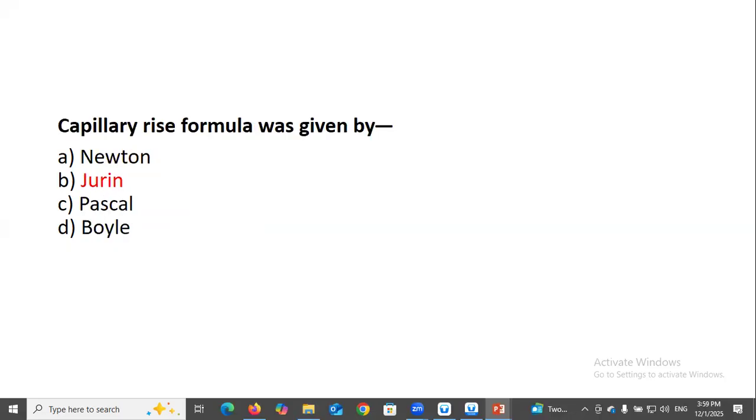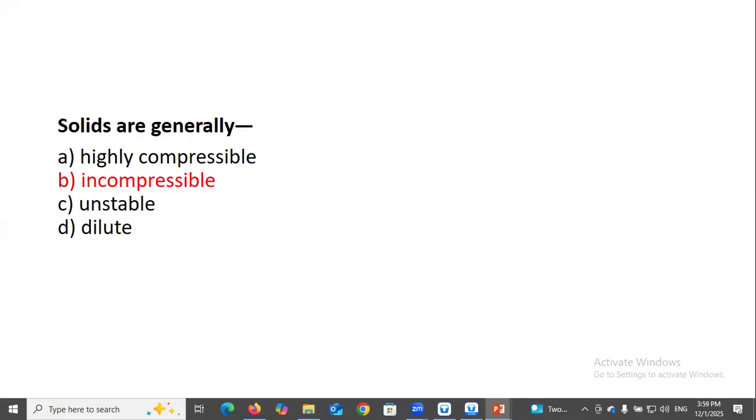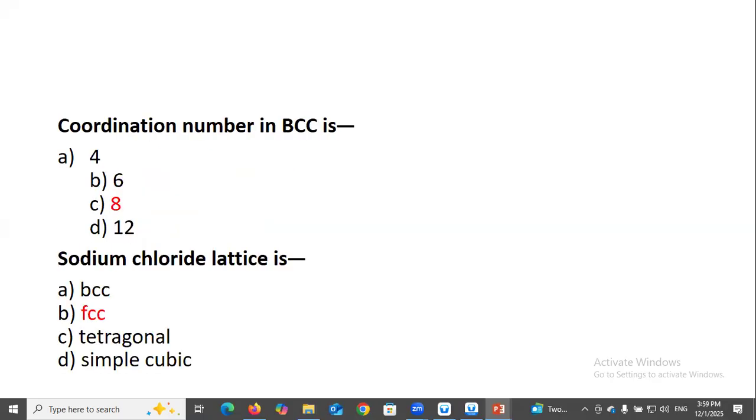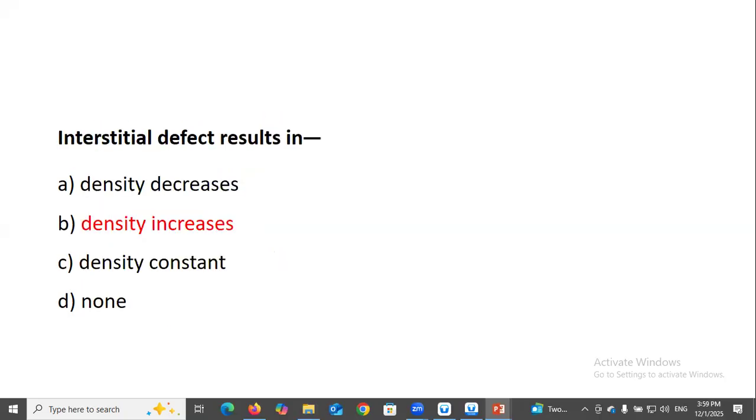Capillary rise formula was given by Jurin. Solids are generally incompressible. Density of crystal depends on number of atoms per unit cell. Coordination number in body-centered cubic is 8. Sodium chloride lattice is face-centered cubic.